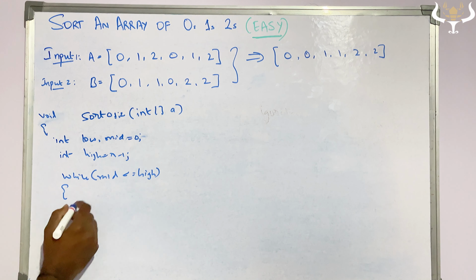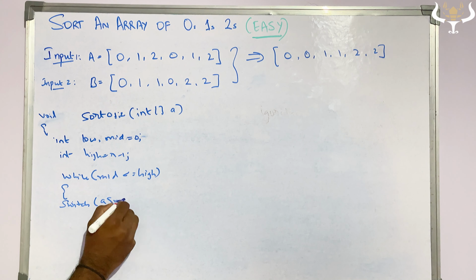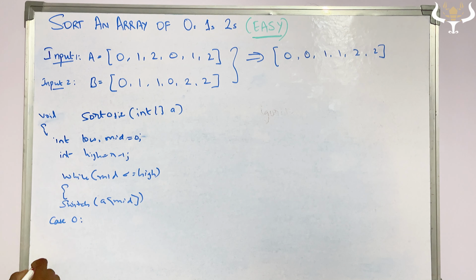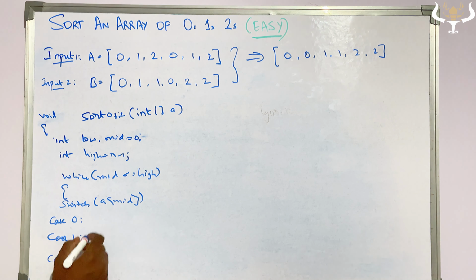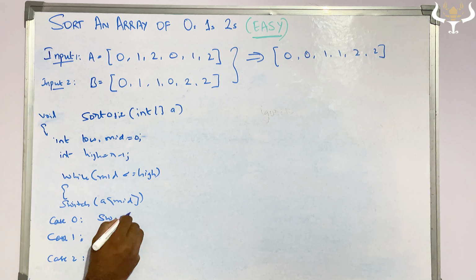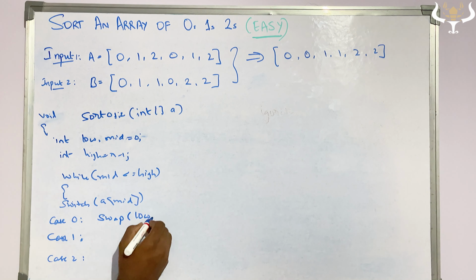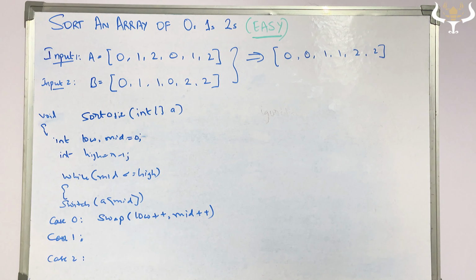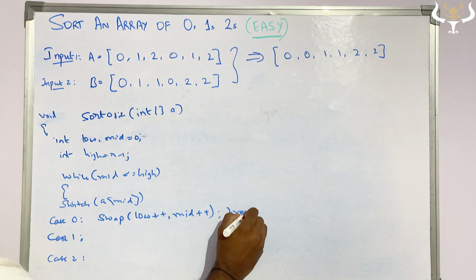I'll just add a switch statement on a of mid. If a of mid is 0, what I'll do, a of mid is 1, what I'll do, a of mid is 2, what I'll do. If it is 0, I'll just have to swap my low and increment my low, and swap mid and increment my mid, and just give a break.